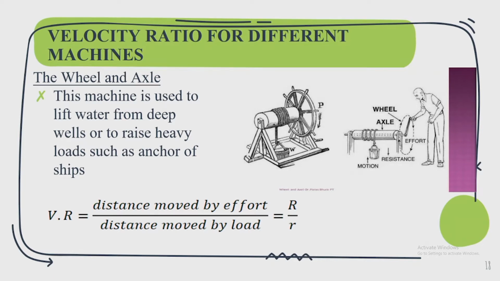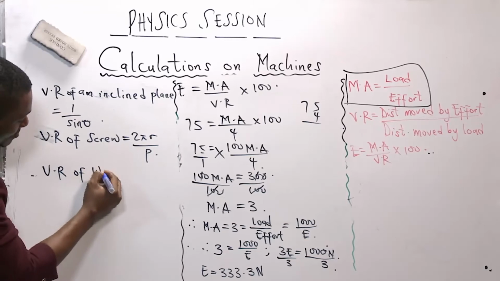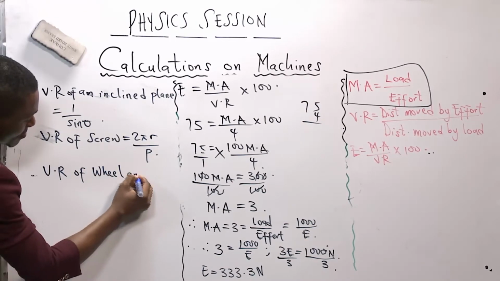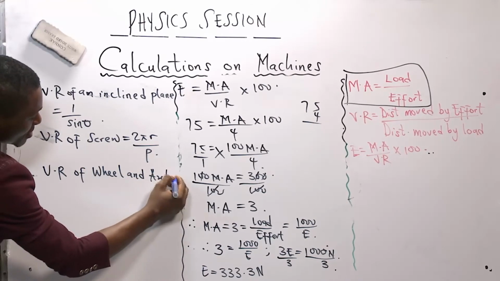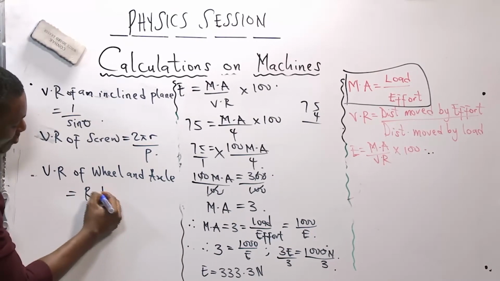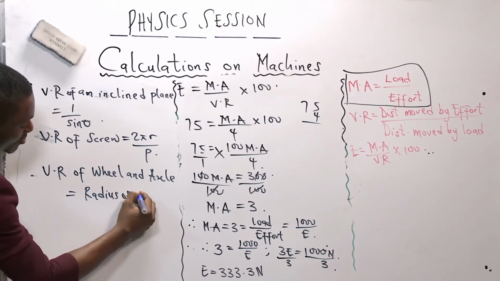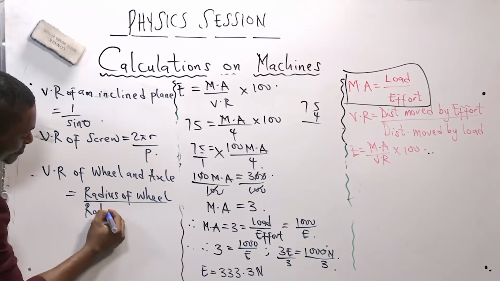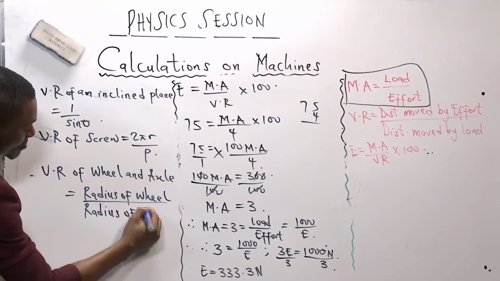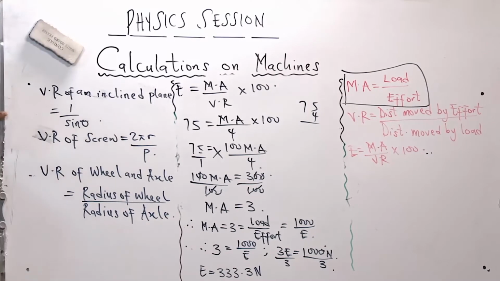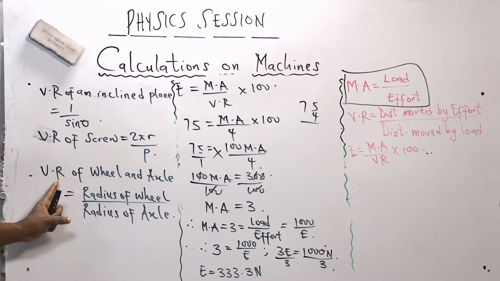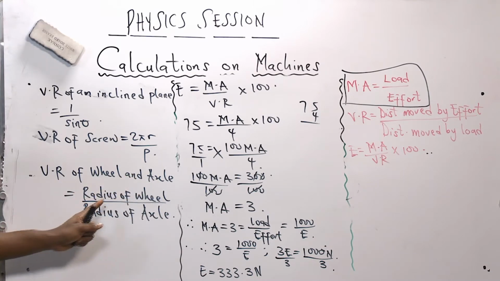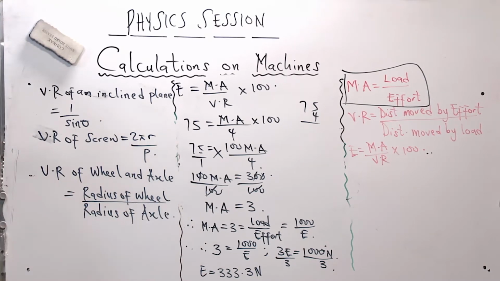So let's write that down for wheel and axle. The velocity ratio of wheel and axle is given as radius of wheel over radius of axle.